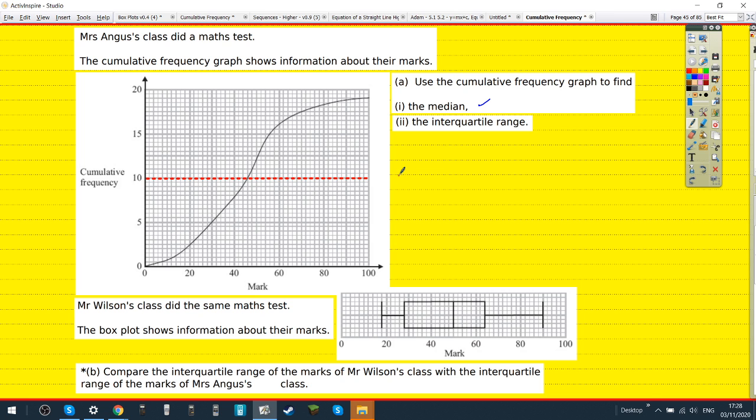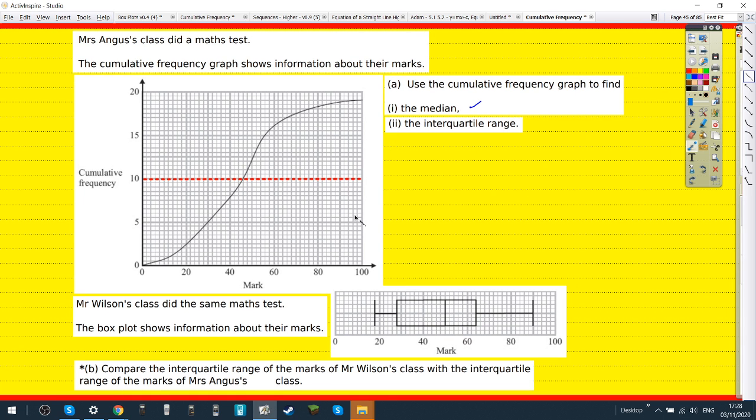So we're just doing the interquartile range. And so the lower quartile is like the middle, like half of the bottom half. Yeah, and there's 5.